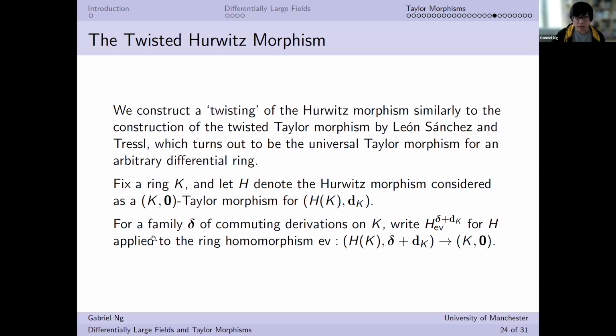And a little bit of notation. If we let delta be a family of commuting derivations on this K, we write H^(delta + d_K)_EV for this Hurwitz morphism applied to the ring homomorphism EV, which is considered as a ring homomorphism between these differential rings. Is that clear? Okay.